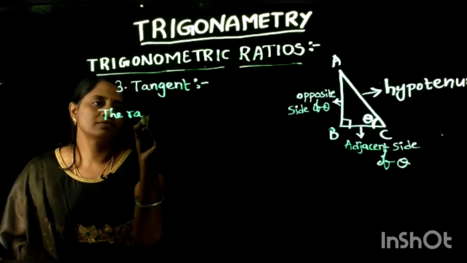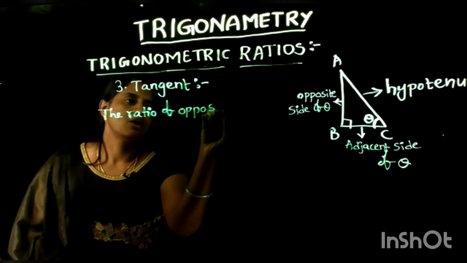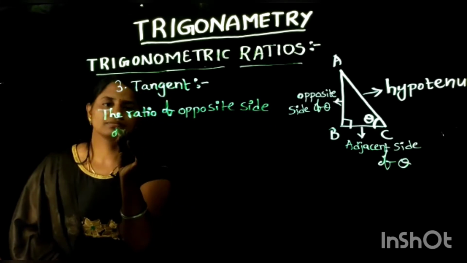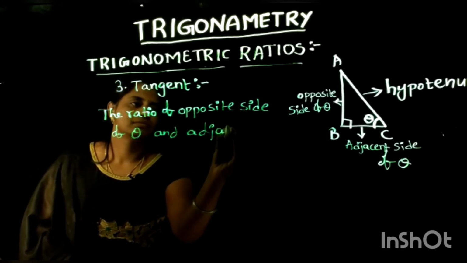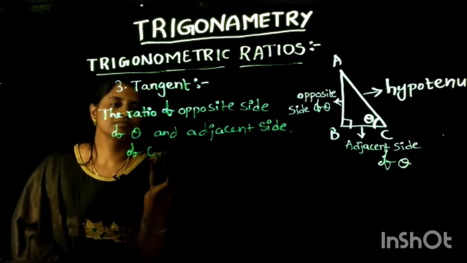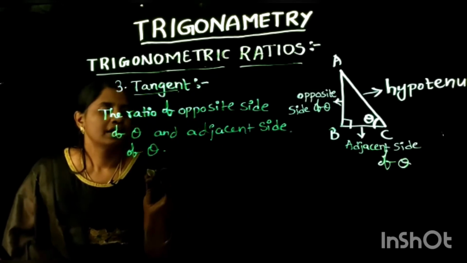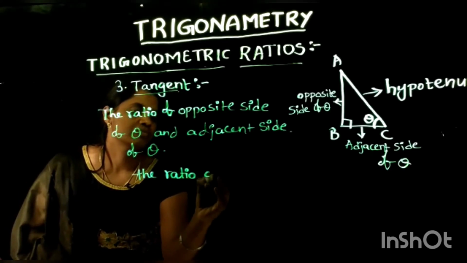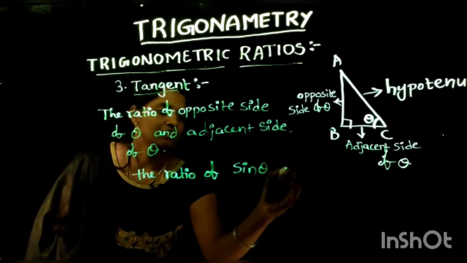There is another definition also for tangent: the ratio of sin theta and cos theta.